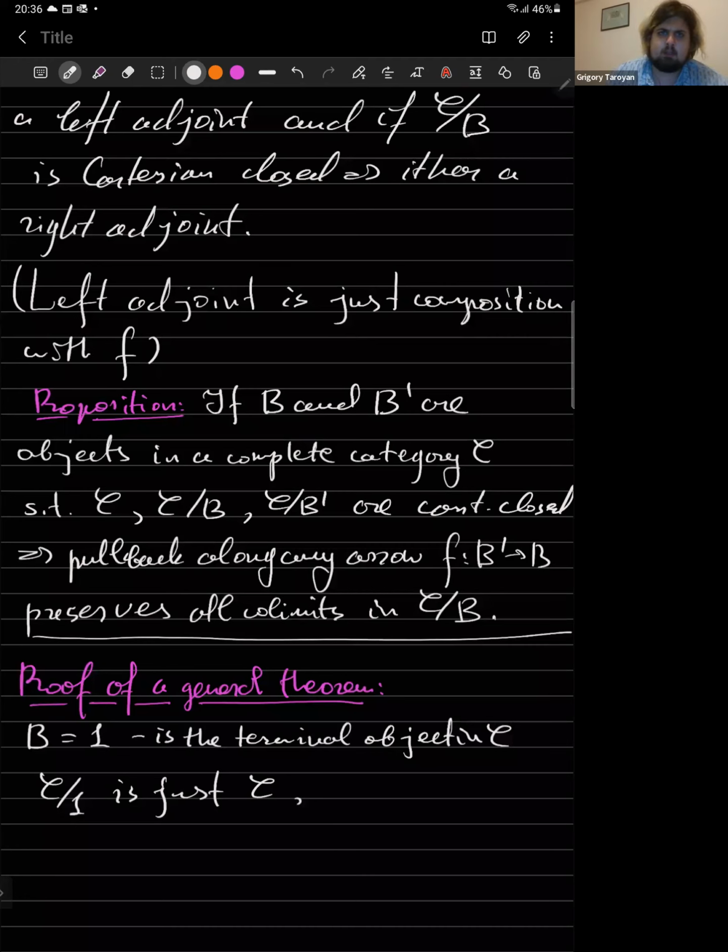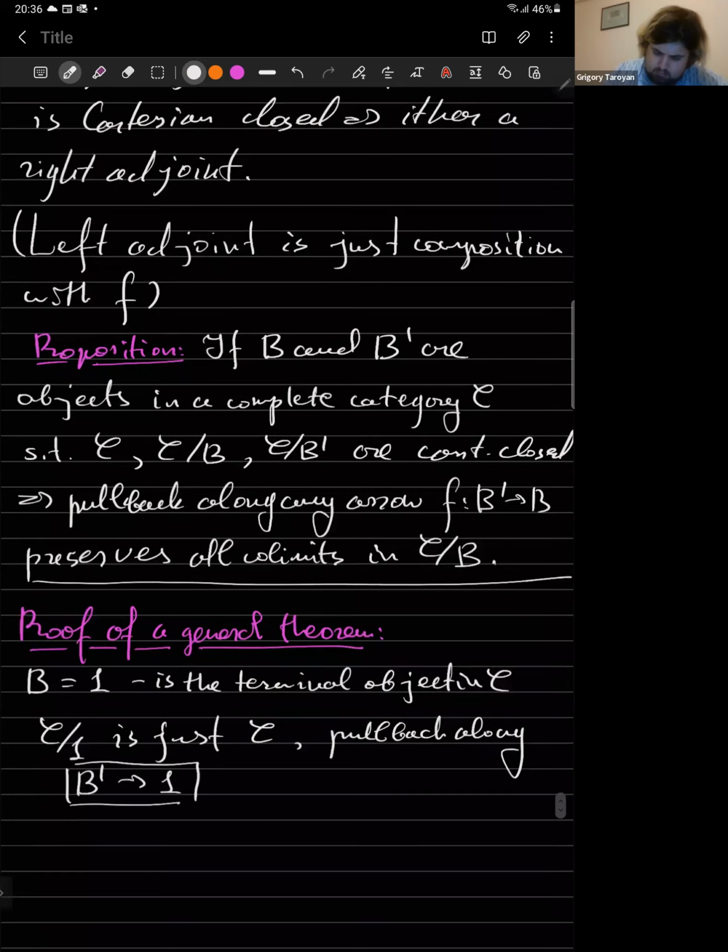And the pullback along, so we have a unique arrow from B prime to 1, and the pullback along this arrow is just a functor which takes product with B prime.